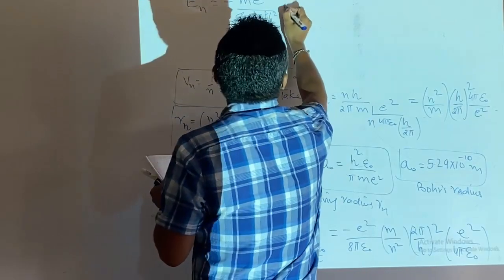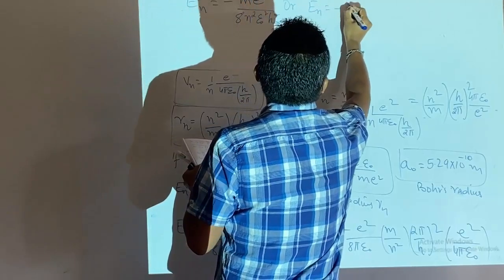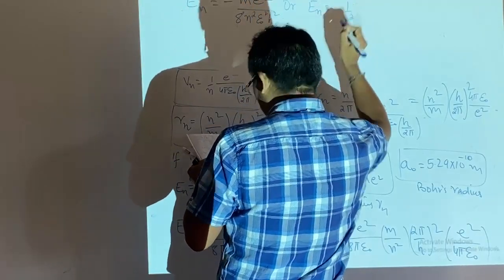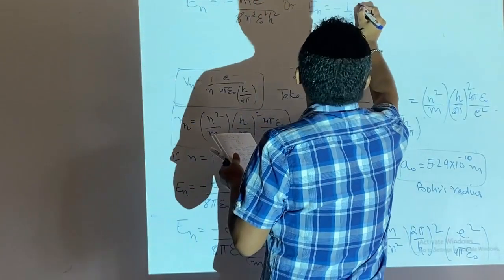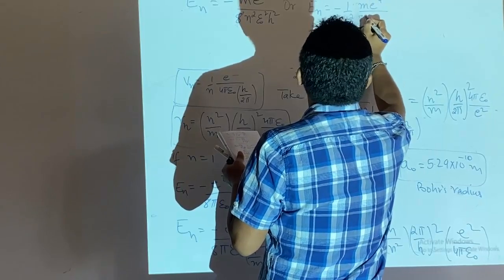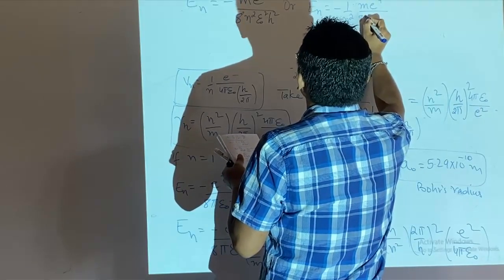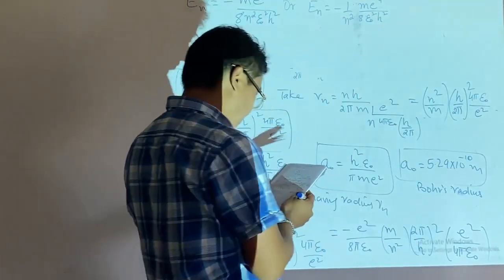Or I write here this is equal to minus 1 by n square times me4 divided by 8 epsilon naught square h square.